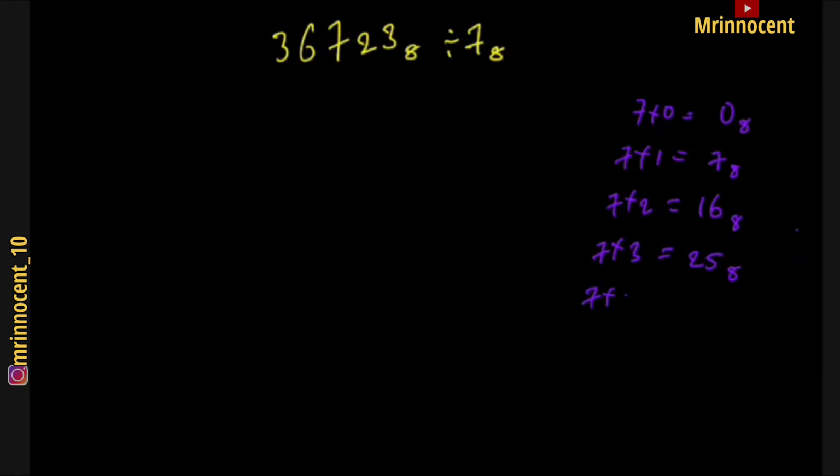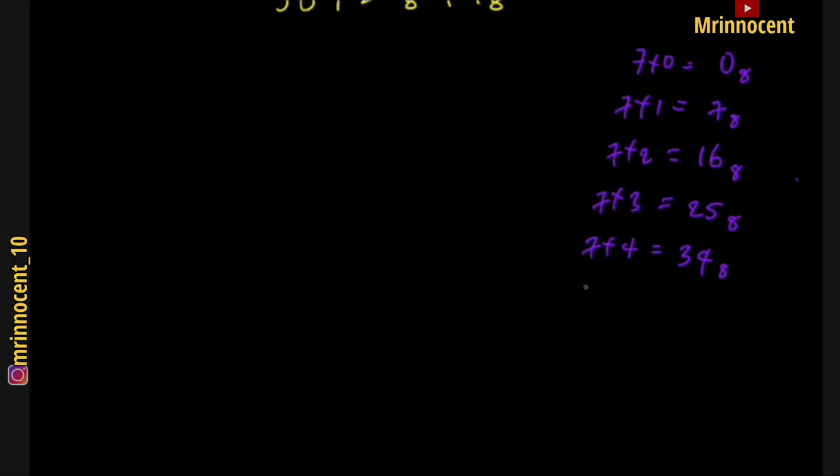7 times 4 equals 28. And 28 in base 8 is 3, remainder 4 in base 8. 7 times 5 equals 35.